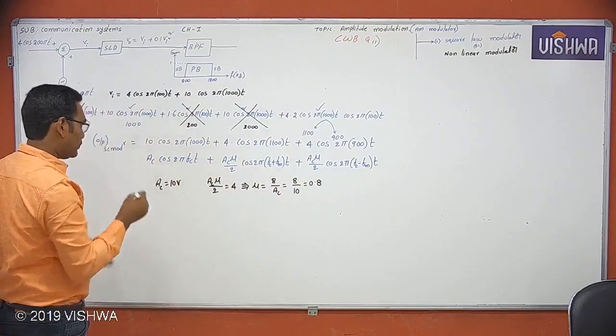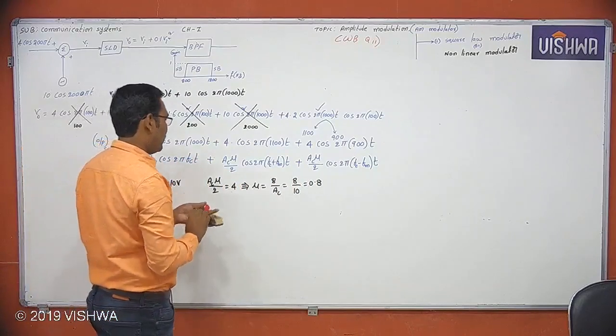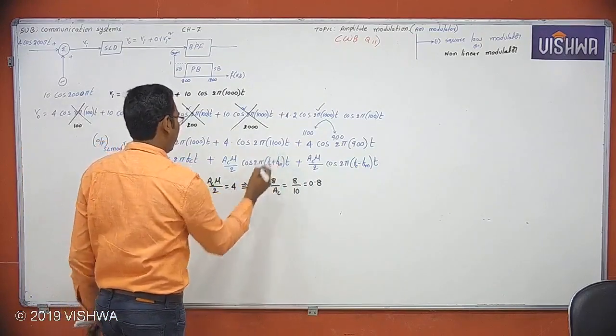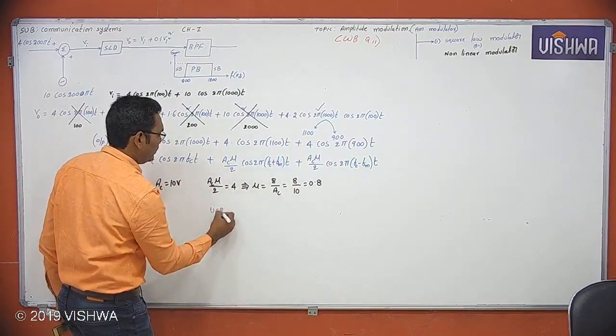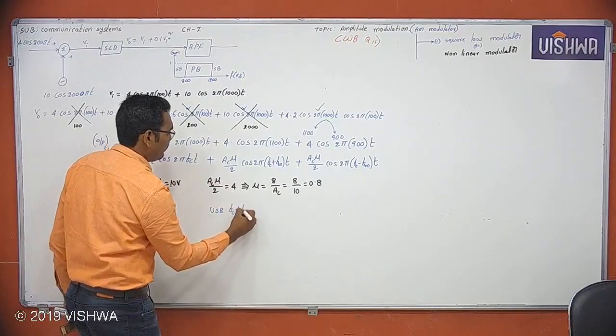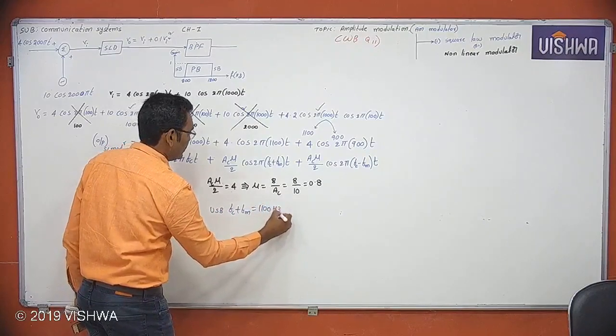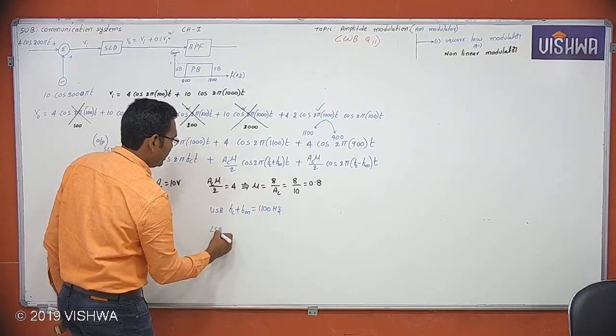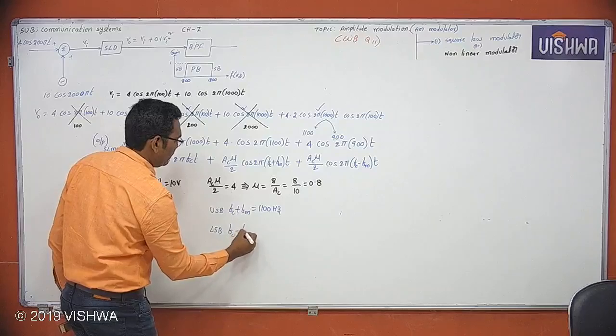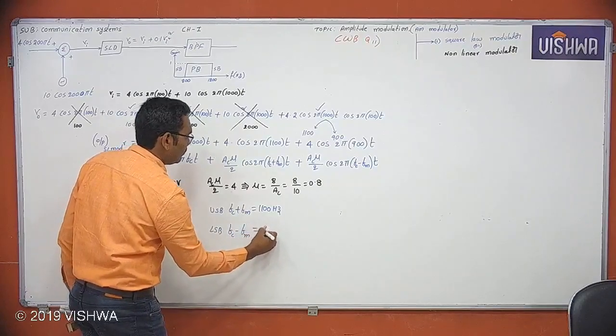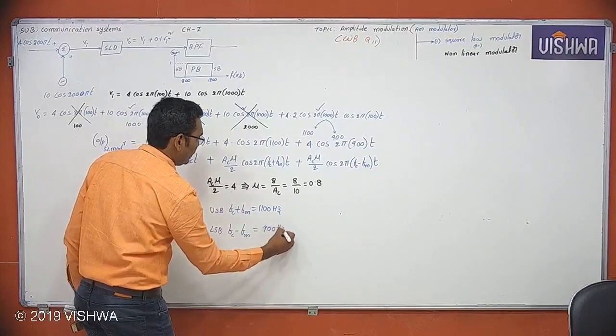Now the upper side band: fc plus fm, which is 1100 hertz. The lower side band: fc minus fm, which is equal to 900 hertz.